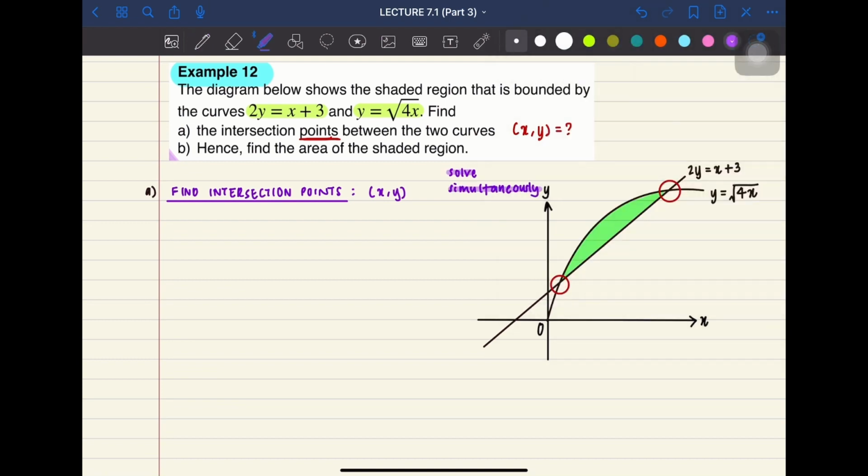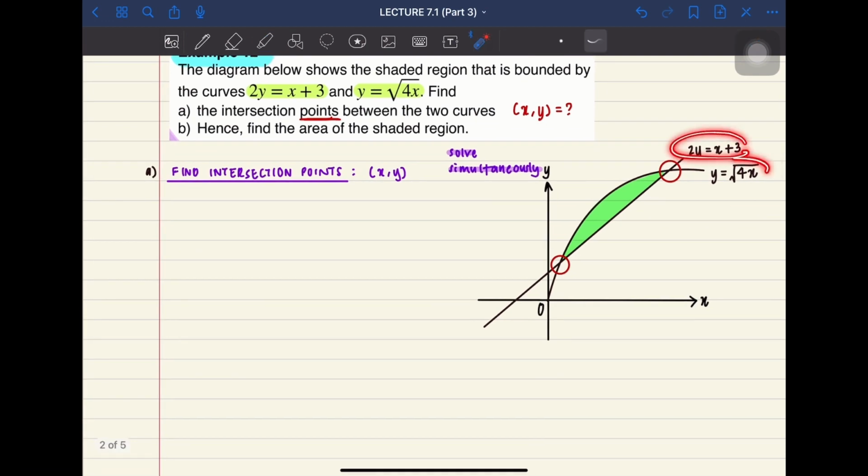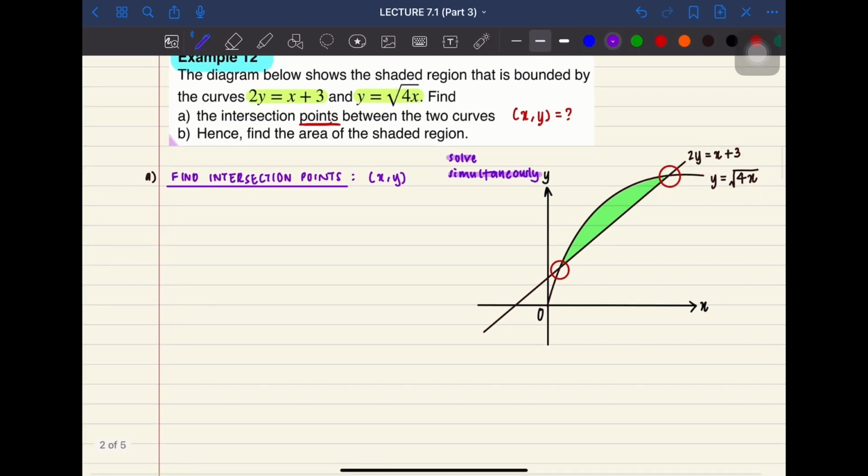Okay, so untuk solve simultaneously, kita kena ada equation lah. So ada berapa equation? Kita ada dua equation. Sebab apa dua? Sebab dua curve ni yang bertindih. Okay, so saya akan masukkan the function. So the first one, kita ada 2y sama dengan x plus 3. So yang kedua, y sama dengan sec 4x. Okay, so bila solve simultaneously, kita solve je persamaan serentak ni untuk cari x dan y.